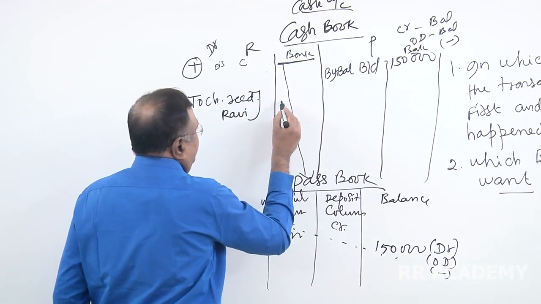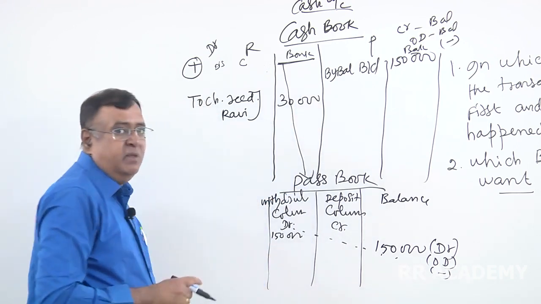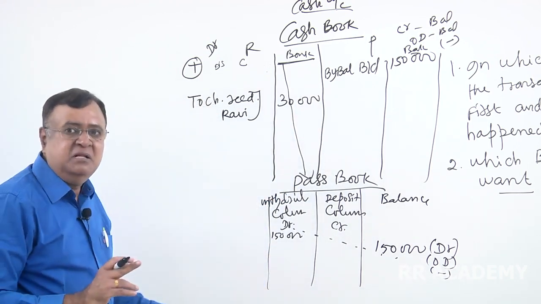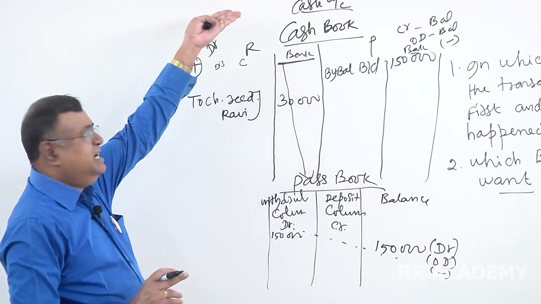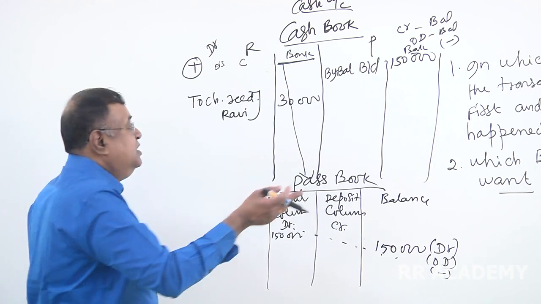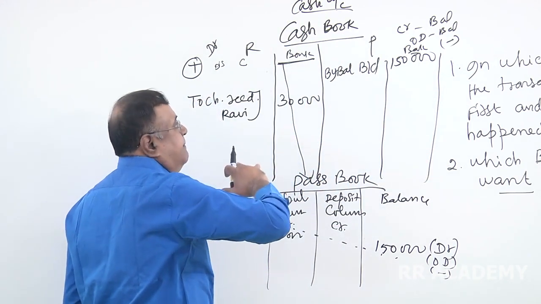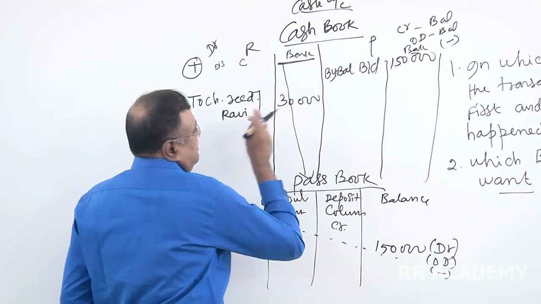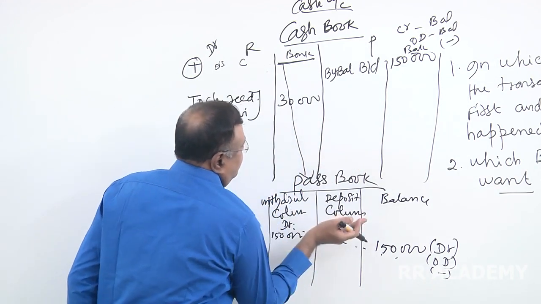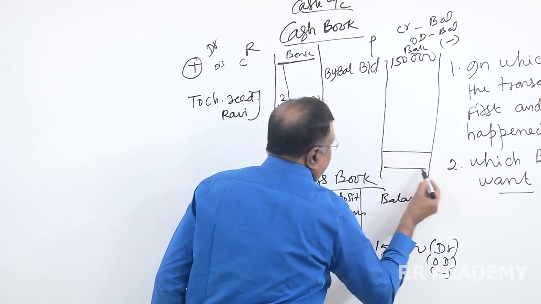Okay, here 30,000. If it is a normal balance, balance will go up. But this is overdraft balance. We have drawn 1,50,000 from the bank. Now, when we deposit this 30,000 in the bank, what will happen to the bank balance?